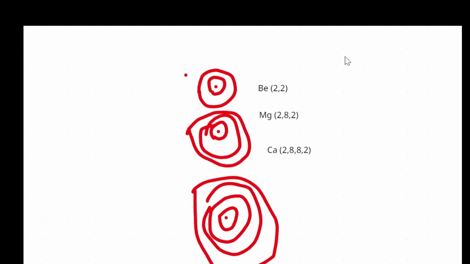So going down the group, the electron shells increase and the atoms become very large.